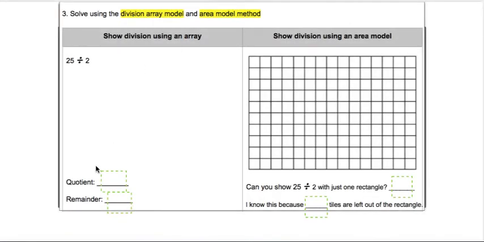Let's try one more. Can you remind me? What does the number 2 tell me? It tells me it's our smaller number. It tells me how many.